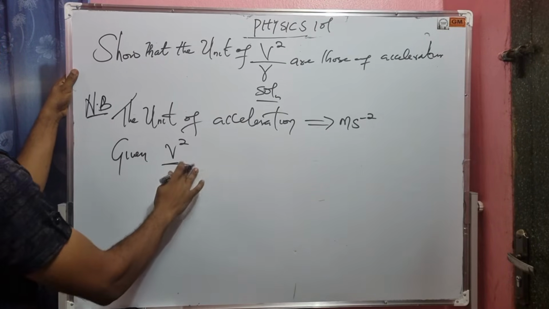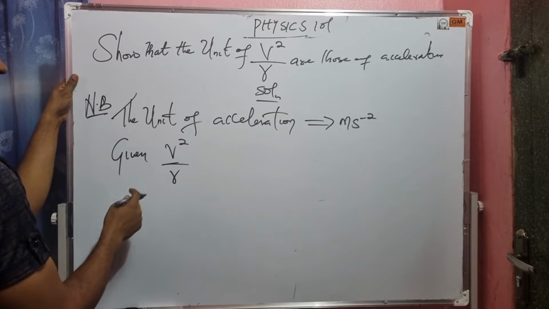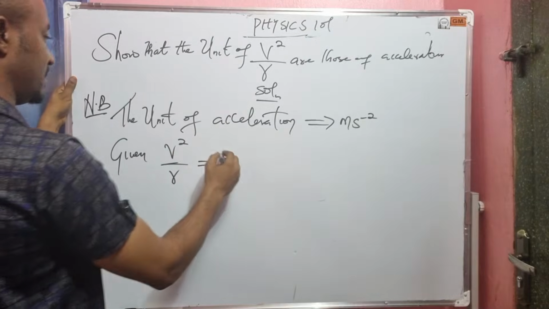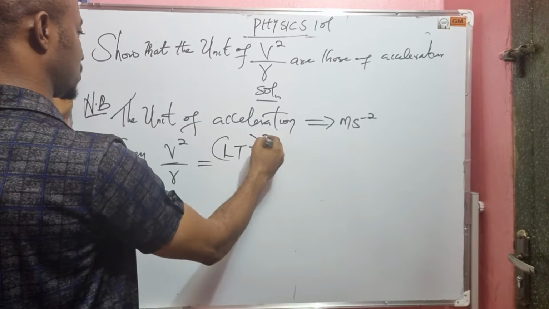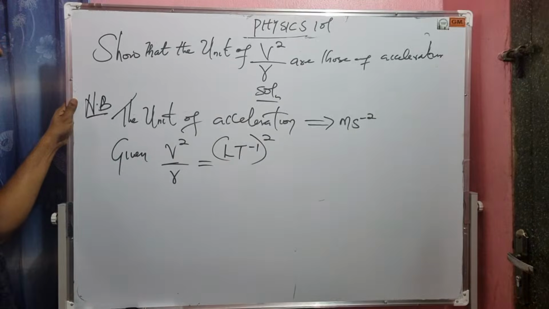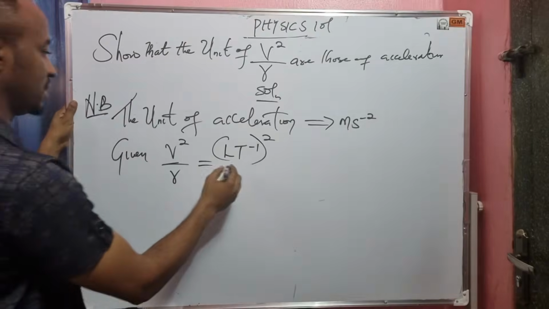Okay, now let's go. What we need to do is find the dimension for v, which is L T minus 1, all squared. Don't forget that this v represents speed, right? So dimension for speed is L T minus 1. Then we have square here, I have to square this.